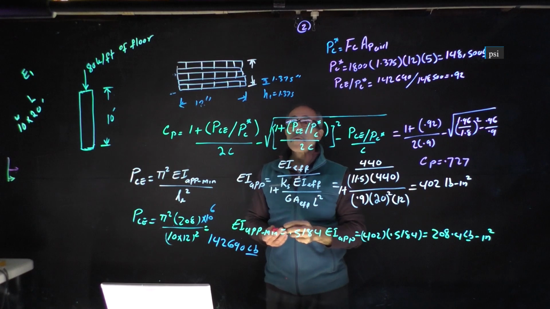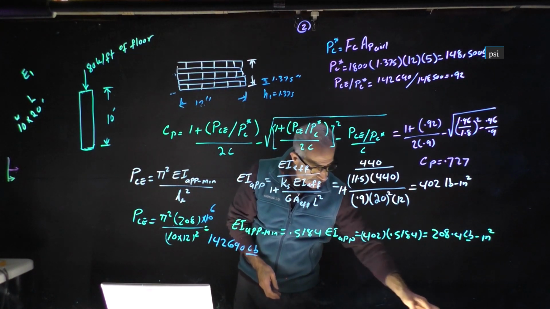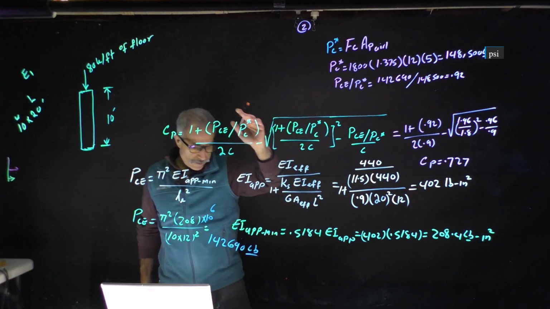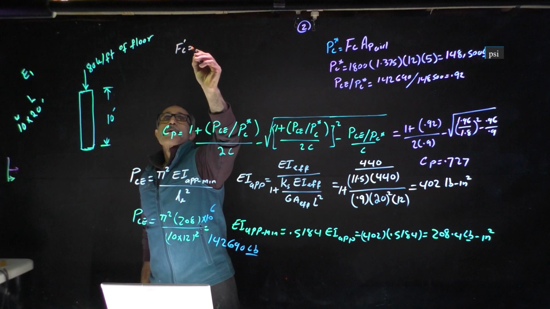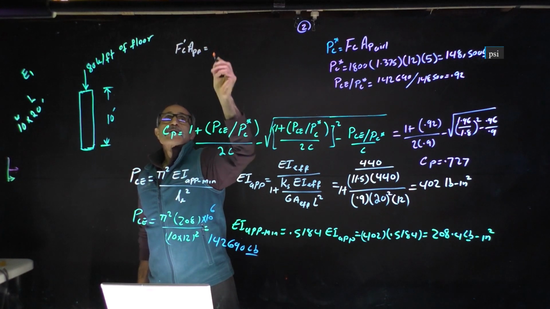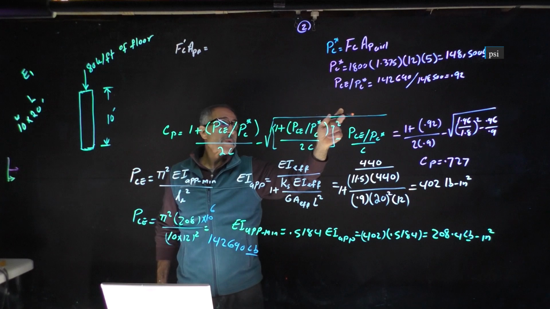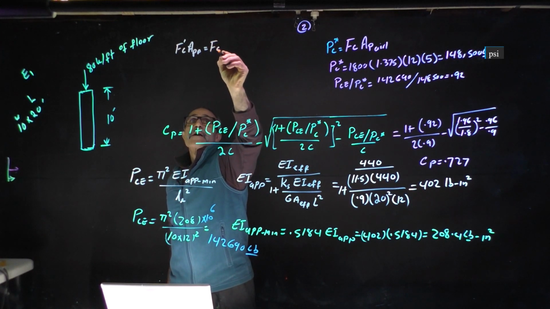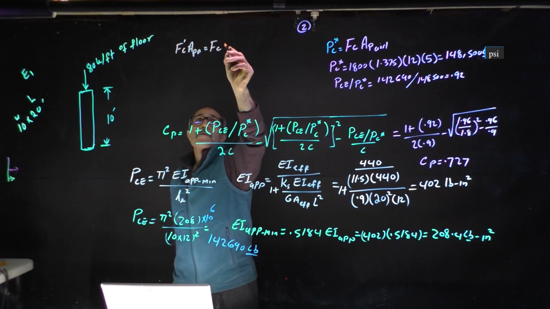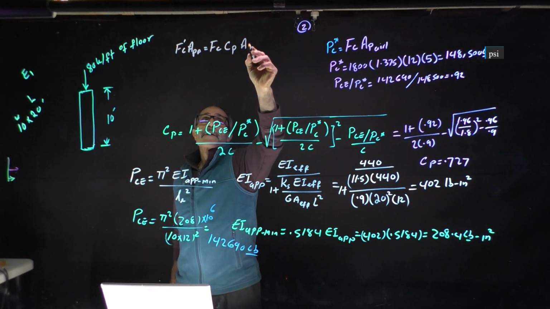Great. Okay, so now we found all this. Let me erase this so I can finish it up right here. So our F prime C times the parallel area is equal to what we calculated, which was FC, times CP, which we have, and times the parallel area.